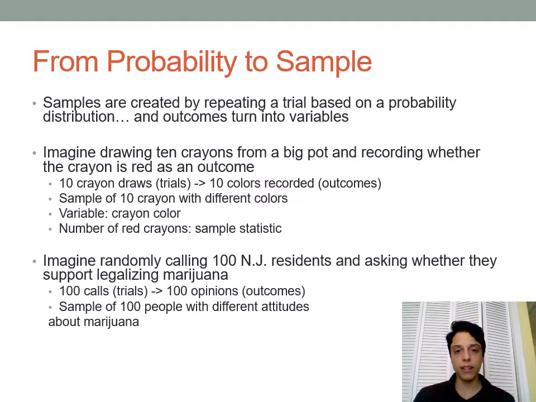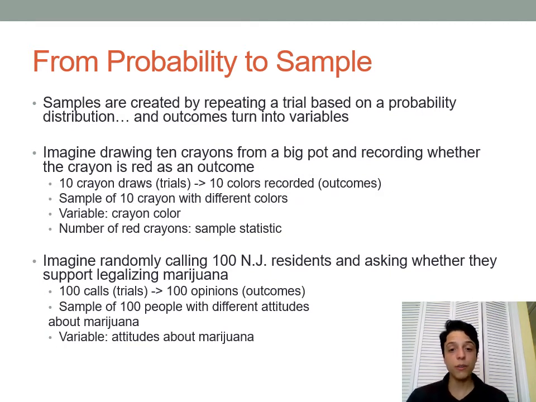In the same way that if you pick crayons of a whole bunch of different colors, you have crayon color as a variable. And then if you wanted to, you could calculate the percentage of people in your sample who supported legalizing marijuana, and that would be a sample statistic. In the same way that you could calculate the percentage of red crayons in your sample, and that would be a sample statistic.